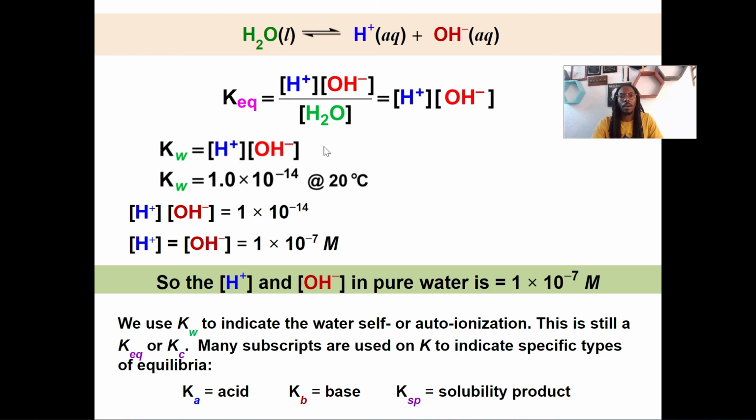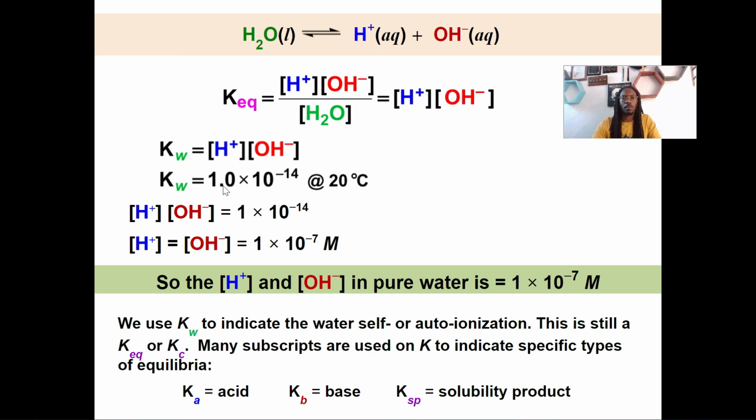With Kw, we have to understand that Kw equals [H+][OH-]. We actually know the value of Kw: it is 1 times 10 to the negative 14 at 20 degrees Celsius.